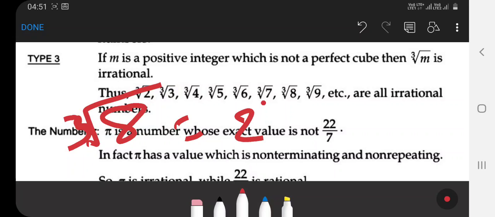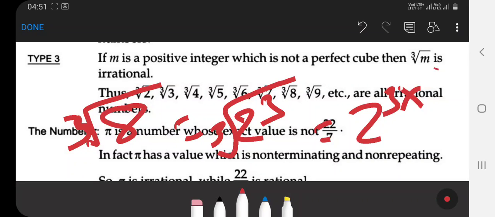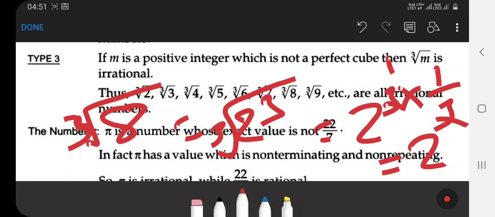For example, 2 to the power 3, raised to 1 by 3, is equal to 2. It is a perfect cube, so cube root of 8 is a perfect cube number. Clear?